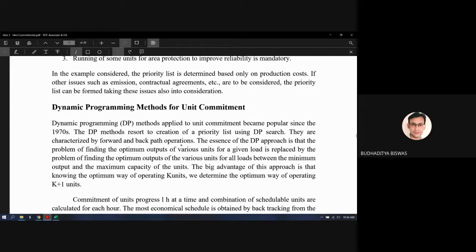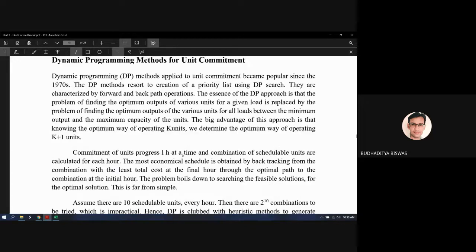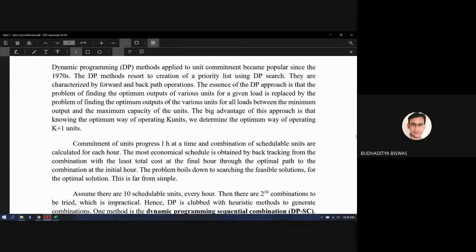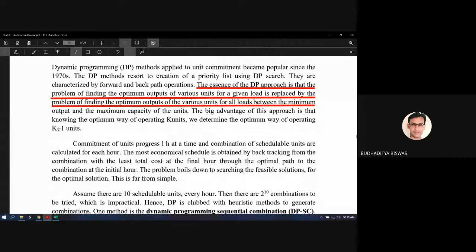Now here it is written that the main advantage of the dynamic programming approach is this. Initially, the problem is finding the optimum output of various units for a given load.